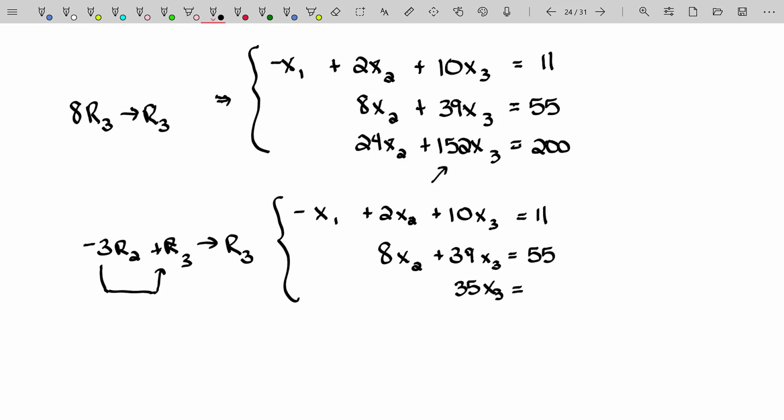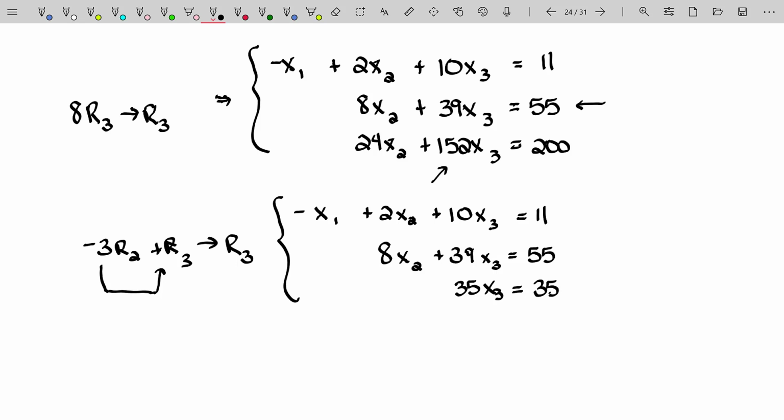That's probably the part where a lot of people, myself included, will make little arithmetic errors. That's just how it is. The next thing we're going to do is take -3 times this 55. That'll be -165, and then we add to that 200 to get 35.